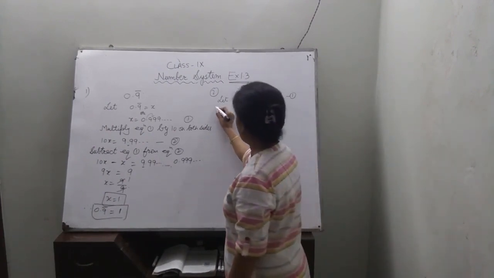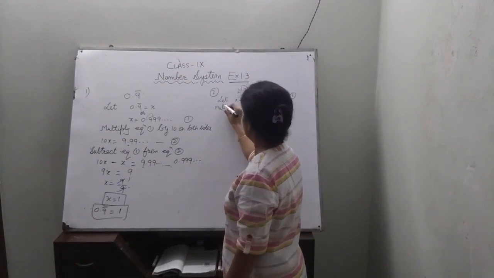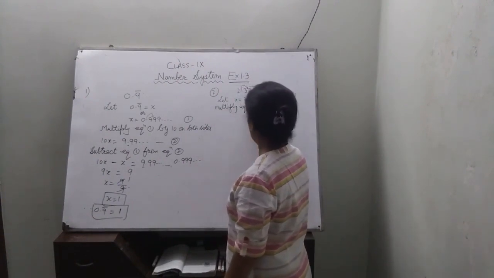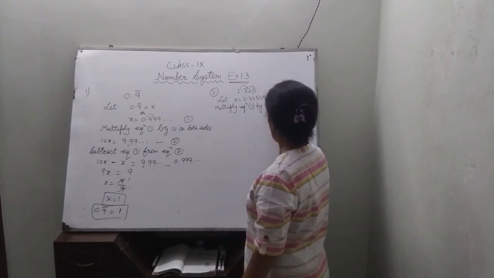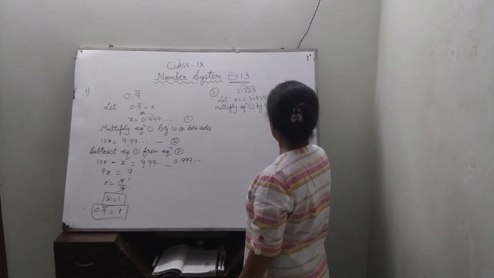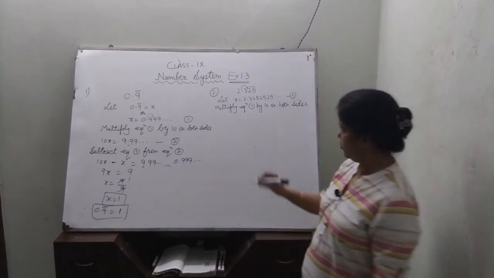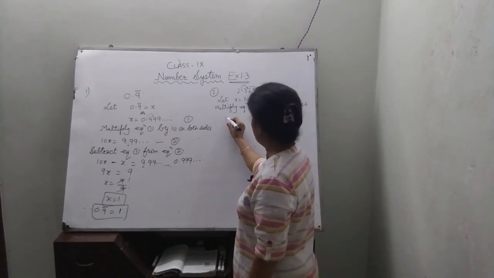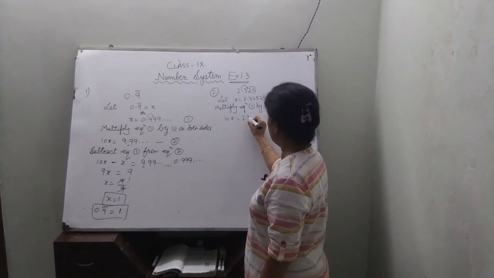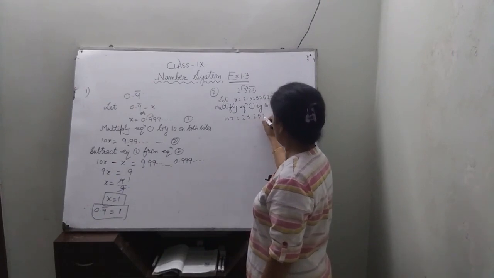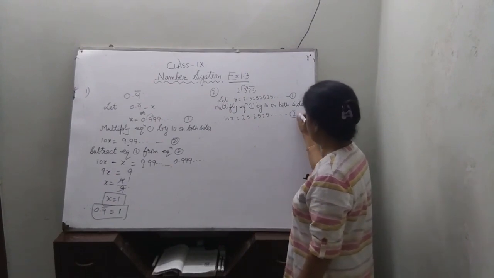So multiply equation 1 by 10 on both sides. So what you will get? 10x equal, इसको multiply करेंगे 10 से, so it will come like this. Name it as equation 2.